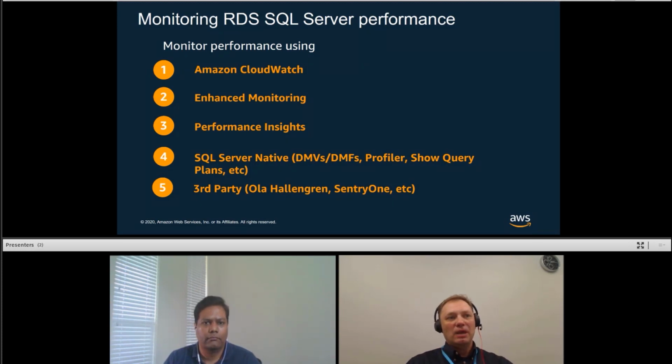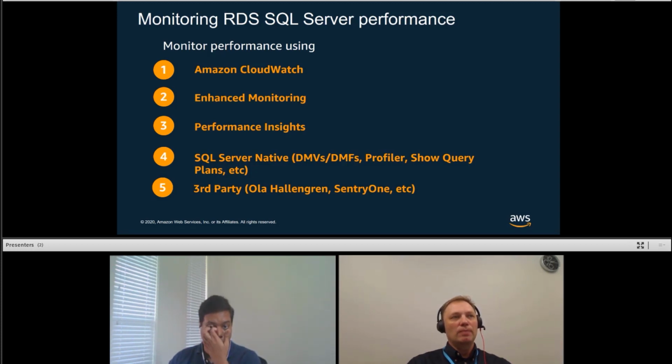For example, as this slide suggests, Ola Hallengren and SentryOne. I myself tried quite a few Ola Hallengren scripts, and they work like a charm on RDS. And SentryOne has an edition specific to RDS. Now, that's what you used to do. On top of that, there are new things you can leverage, numbers 1, 2, and 3: Amazon CloudWatch, Enhanced Monitoring, and Performance Insights.